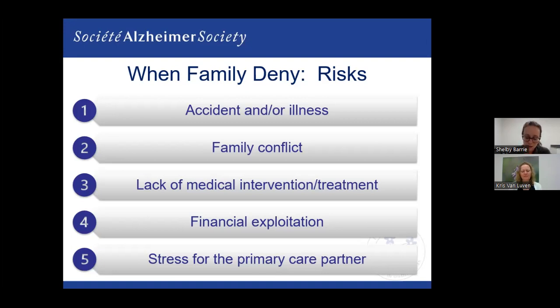By denying a diagnosis, more pressure is really put on the person with dementia and their primary care partner that can really lead to stress and burnout. So if we have some of those family members that are maybe denying that diagnosis and don't see the need to help or the need to support the person and the primary care partner, that can really add to the amount that they're taking on.